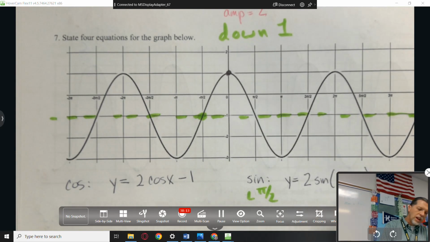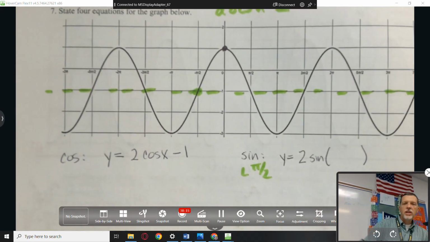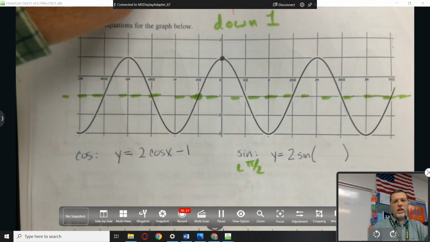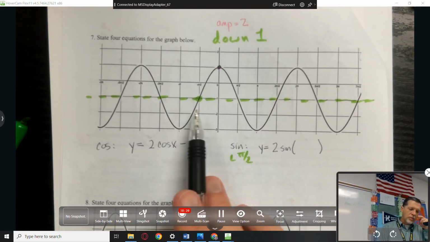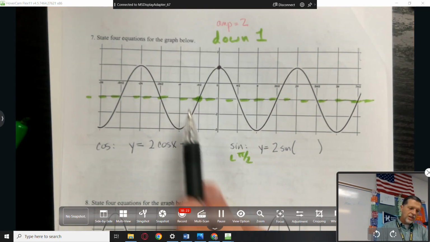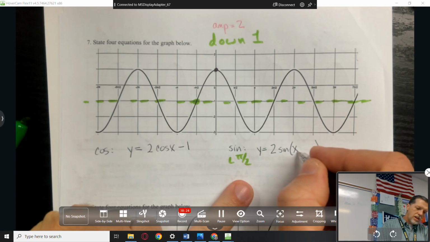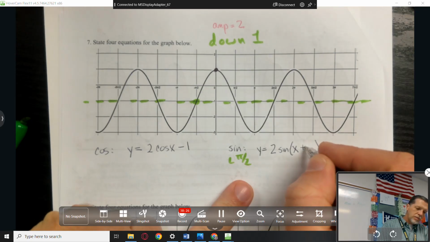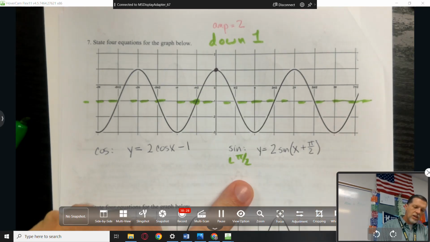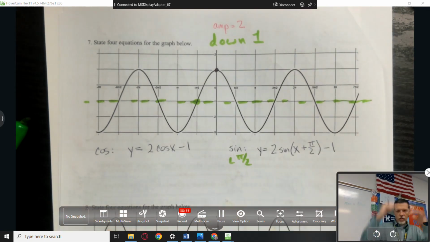If I'm going to go left pi over 2, then how do I accomplish left pi over 2 to get to here? X plus pi over 2. And then is that it? Yeah, the minus 1 to move the whole thing down 1.